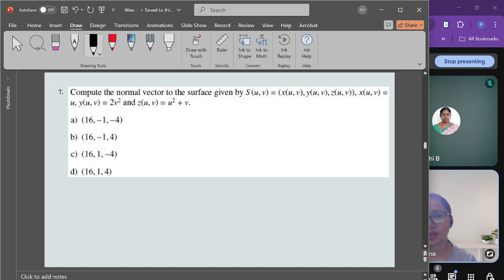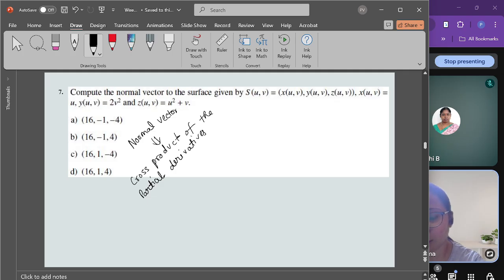For any given surface or this type of vector, to compute a normal vector, it is basically the cross product of the partial derivatives with respect to u and v.